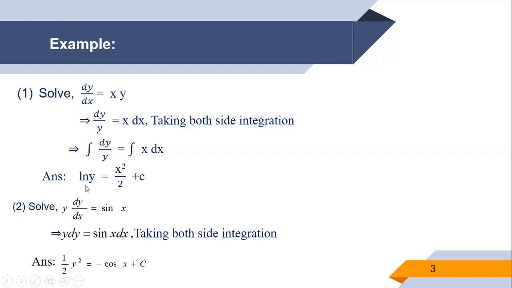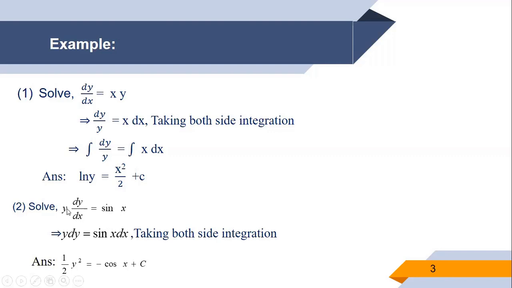Now another example: solve y into dy by dx is equal to sin x. So obviously, the right hand side is sin x. So for the left hand side, dx, we convert it here.